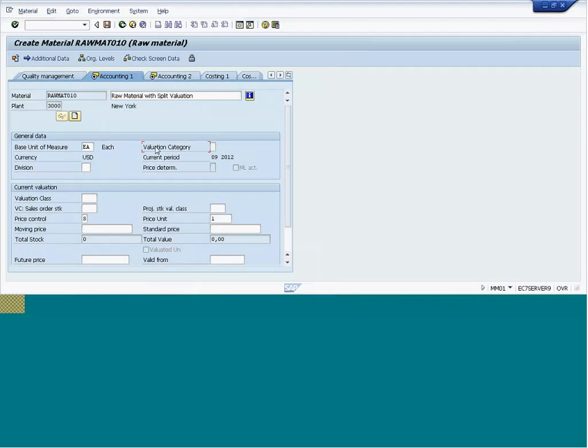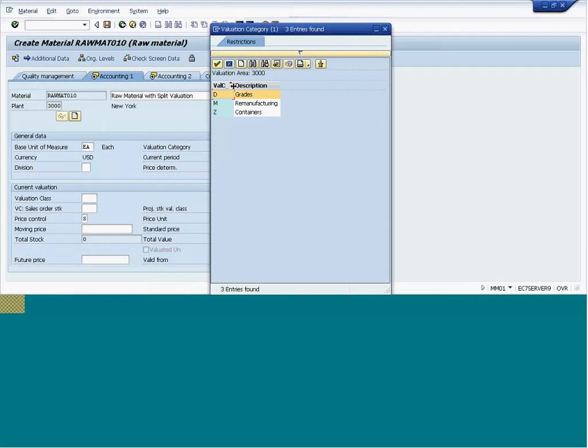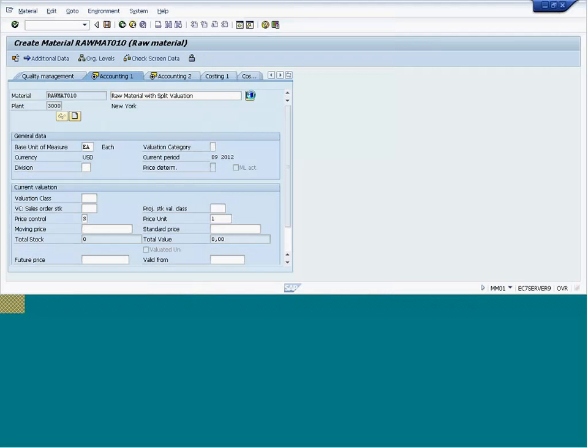If you drop down, different valuation categories are there. Again, these can be configured. It's not that you have to have only this. But the one which is there, I'm showing you. Let's say grades. So D. When you give D here, then what happens?